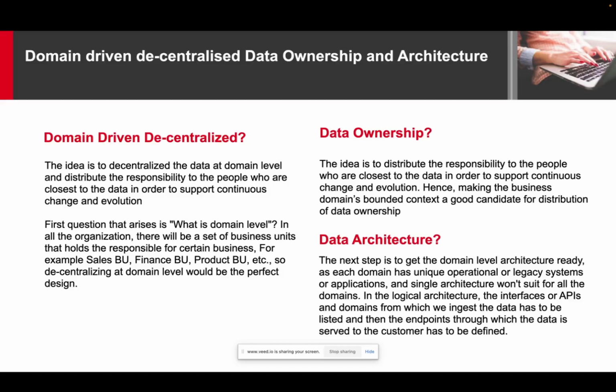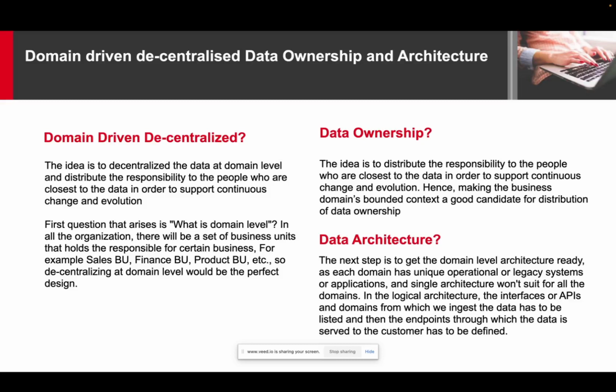So in data mesh, they came up with the first principle to address this. Instead of going with the centralized approach, they are going with a decentralized approach at the domain level. So what is meant by domain level? In each organization, there will be a set of organizational units, also called business units.